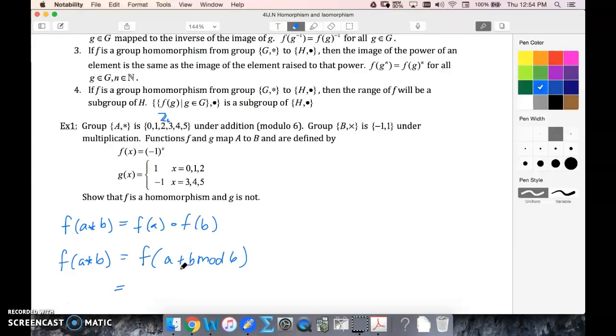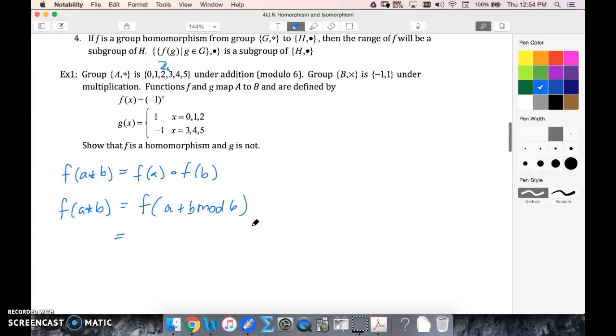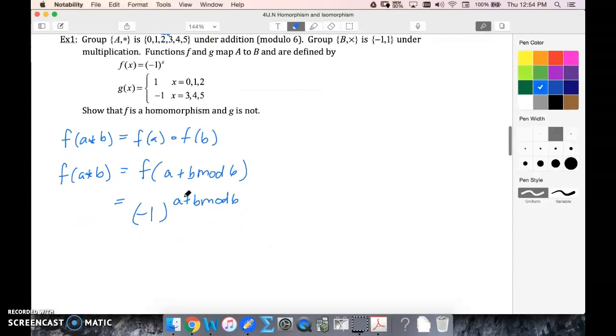So putting that into F means we're going to have negative 1 raised to the A plus B mod 6. Well, I know that negative 1 raised to a power is either going to be negative 1 or positive 1, depending on whether the exponent is even or odd.